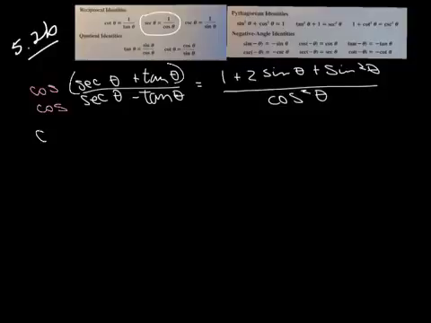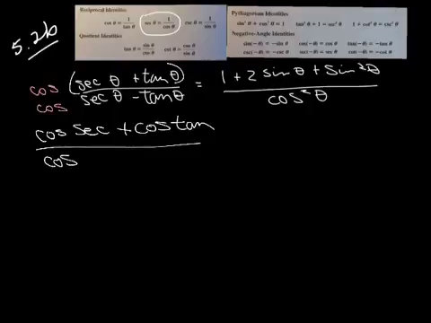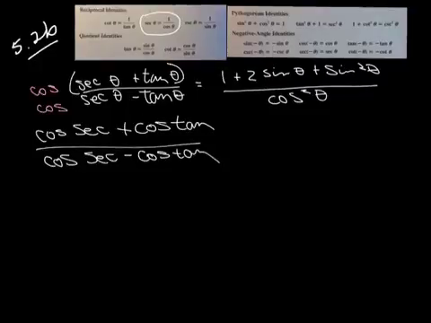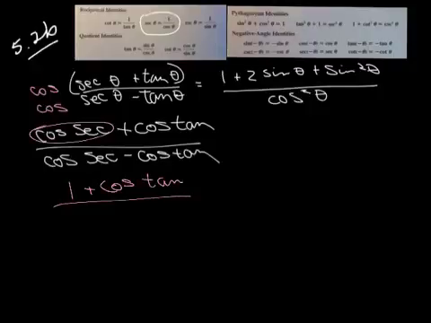So I'm going to get cosine secant plus cosine tangent over cosine secant minus cosine tangent. So see what that gives me. That gives me a 1 here over 1 here. Okay, so that's looking a little bit easier.